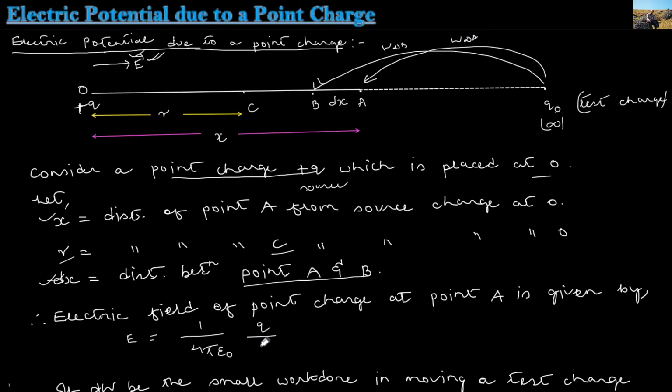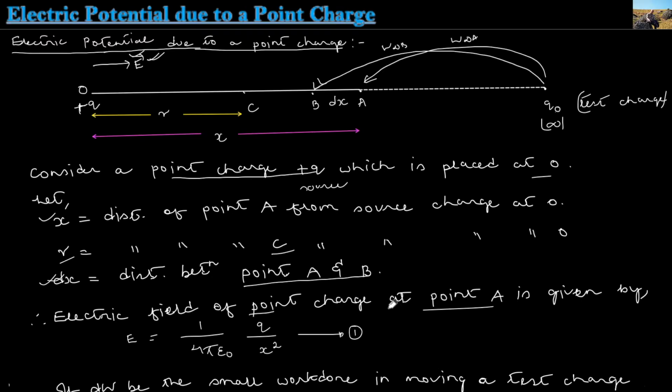The distance from O up to A is x, so it is x squared. This is the relationship for the electric field at the point A due to the source charge.